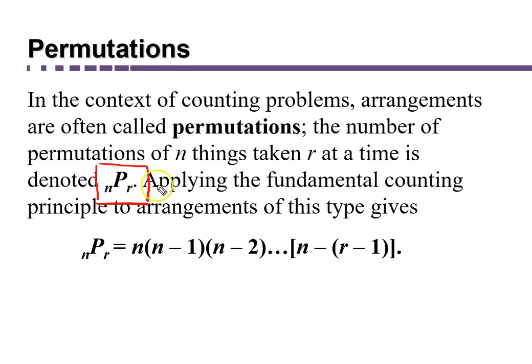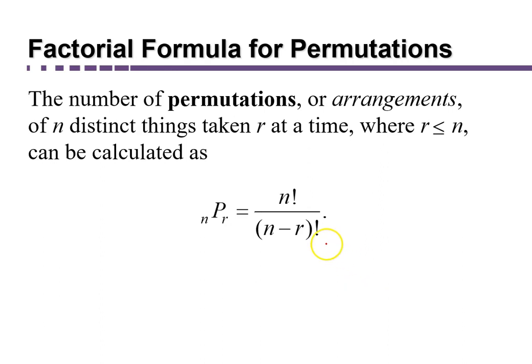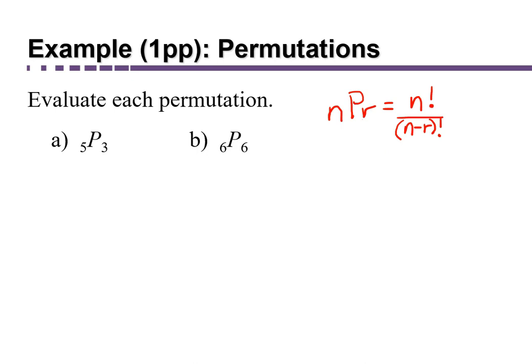And it's somewhat related to the fundamental counting principle and a little bit to factorials as well. Here we see the relationship of permutations to its factorial representation. So in this slide, what we'd like to do is work some of these out.